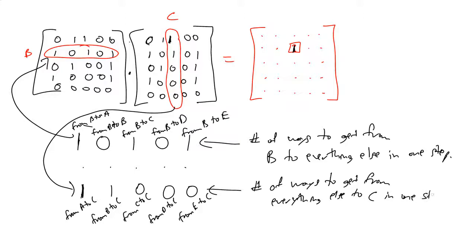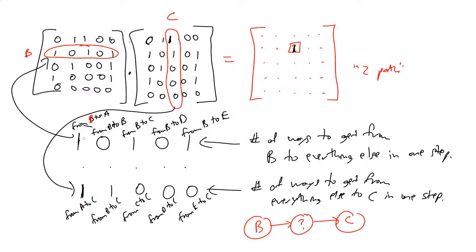Now ask yourself this. If I want to find a two-path, what needs to be the case? Well, I need to get from B to something, and then from that something to C, right? Because a two-path basically means from B to some node, don't know what, to the node C. Well, if you think about that, this is exactly what we're doing.